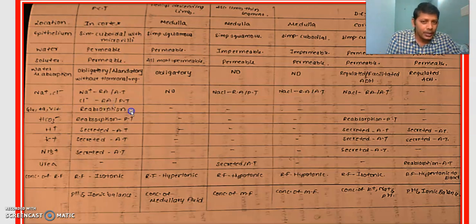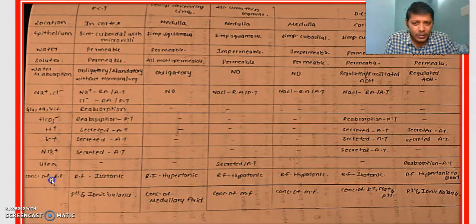By active transport. You have to write here. HCO3 minus is reabsorbed by passive transport. These all are secreted by active transport: H plus, K plus, ammonia. Okay, this is H plus, secreted by active transport.